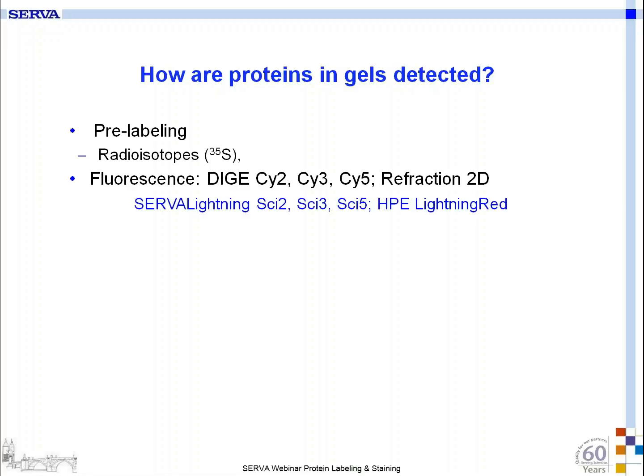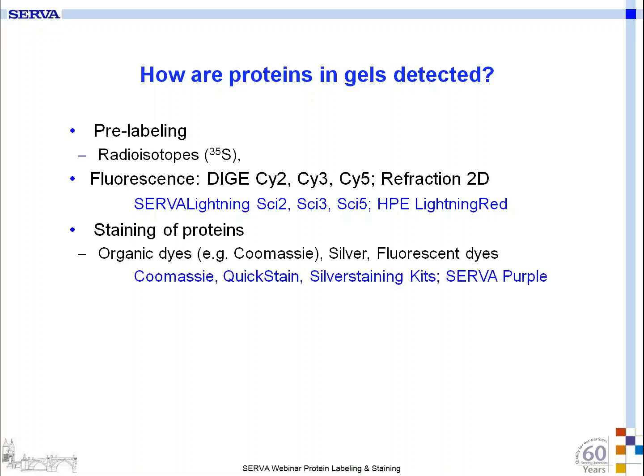The most important ones are for sure the DIGE stains, Cy3 and Cy5. There are competitors, and they call these stains Refraction 2D. And of course, SERVA has also some fluorophores in our portfolio. We called them SERVA Lightning, Cy3 and Cy5, and HPE Lightning Red.